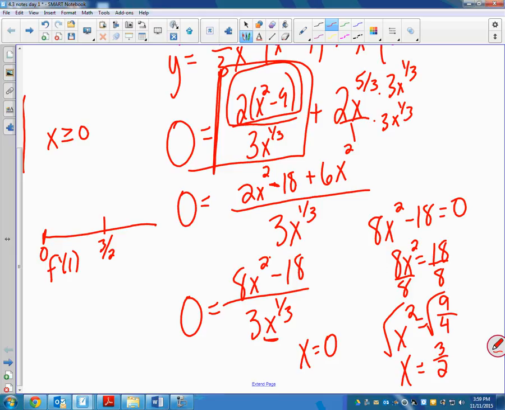And I think on here I would get a negative number on the top, but a positive number on the bottom. So I would get negative there.